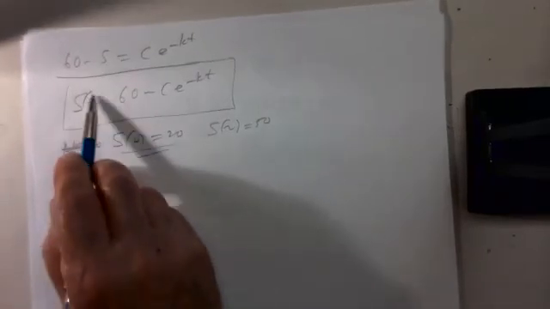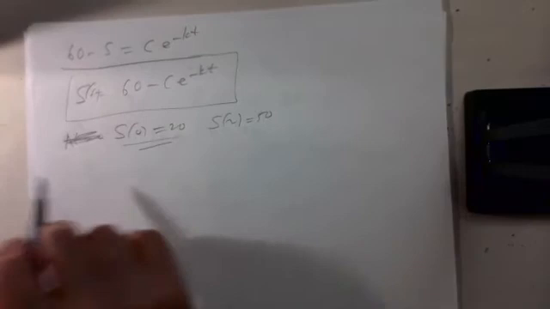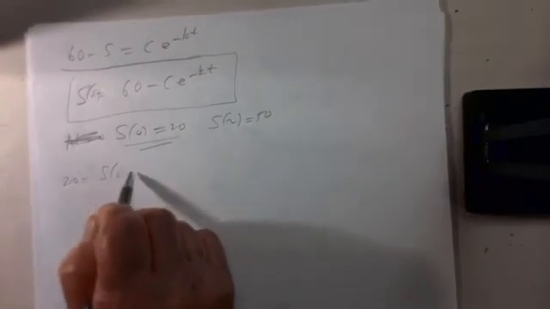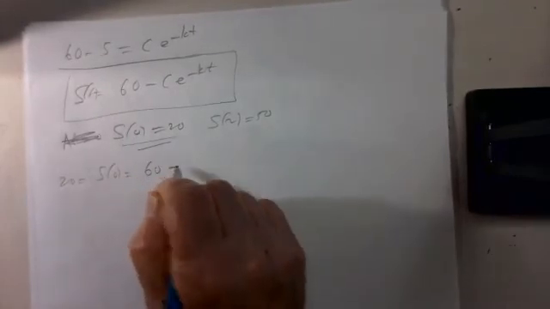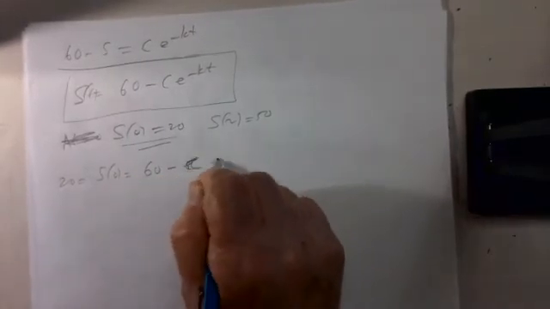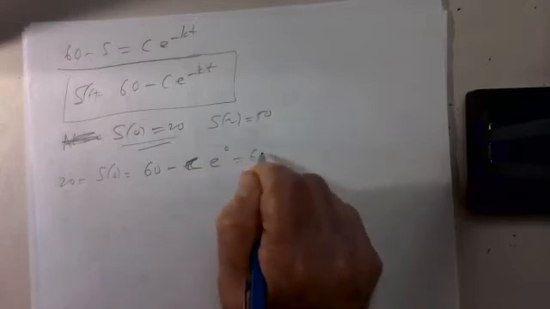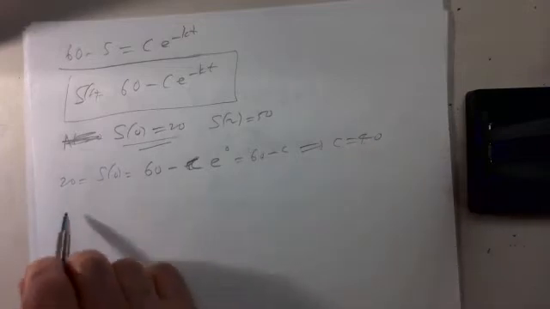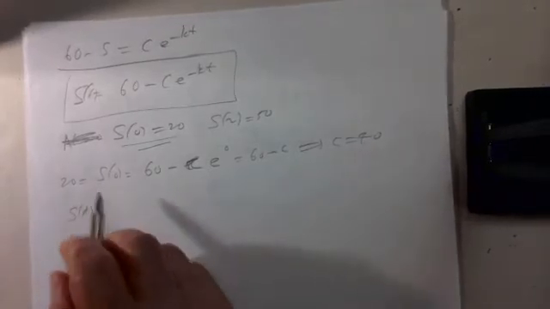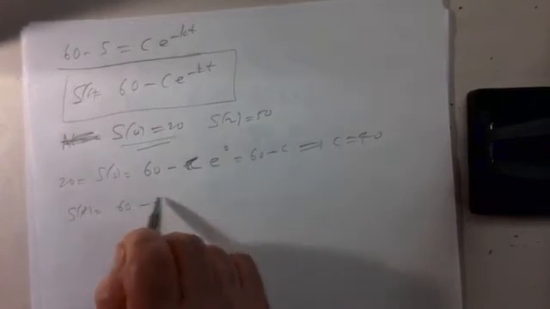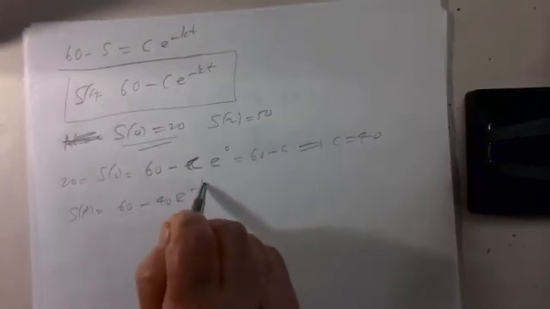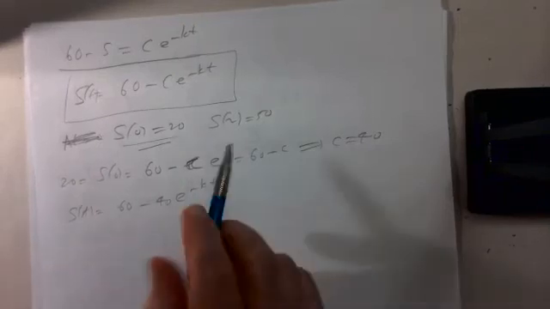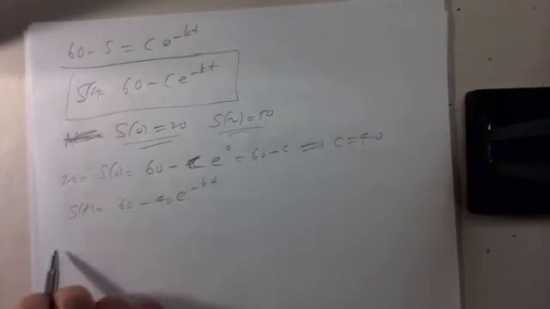So what do these conditions say? This is s of t. If you put in t equals 0, you get 20 is 60 minus c times e to the 0, which is 60 minus c, which means c is 40. So s of t is actually 60 minus 40 e to the minus kt. And we can find k because we have a second piece of information.